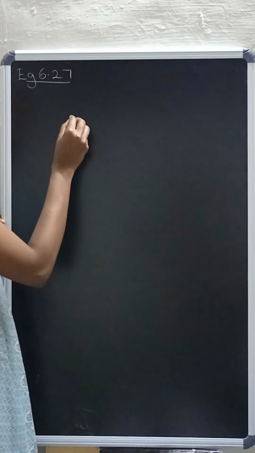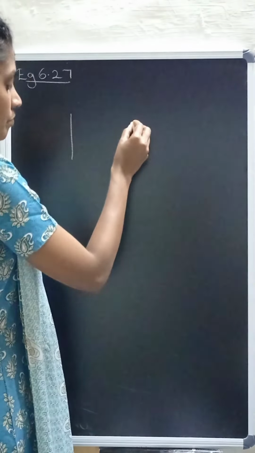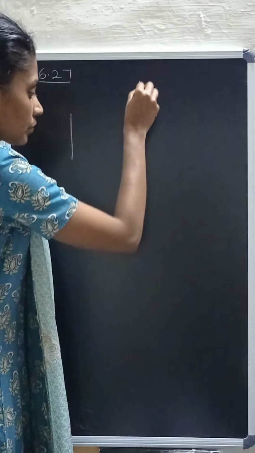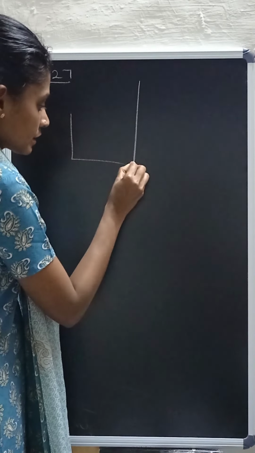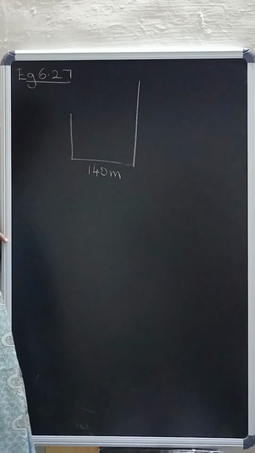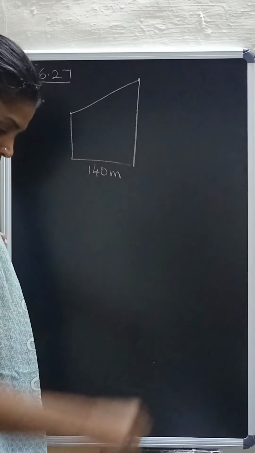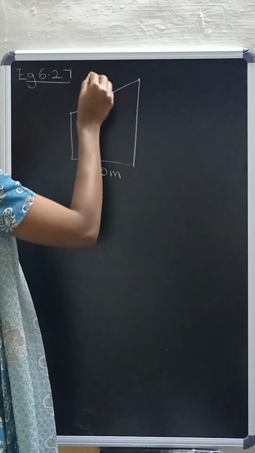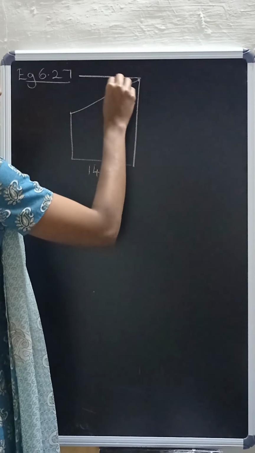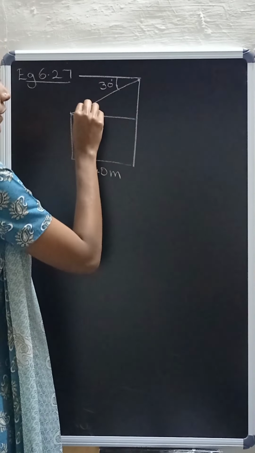So there are two buildings, and the distance between the two buildings is 140 meters. From the second building, the top of the first building is watched at a 30 degree angle.